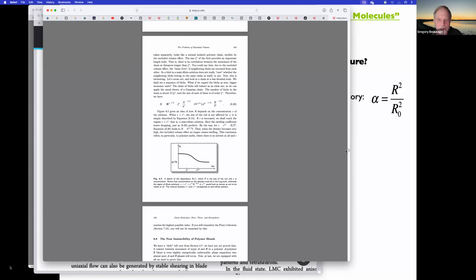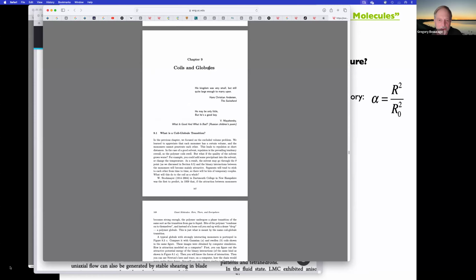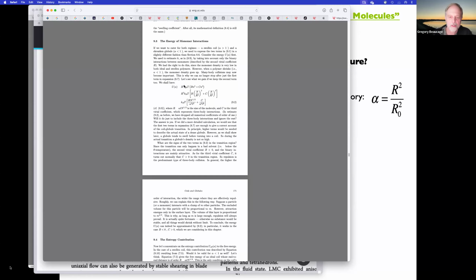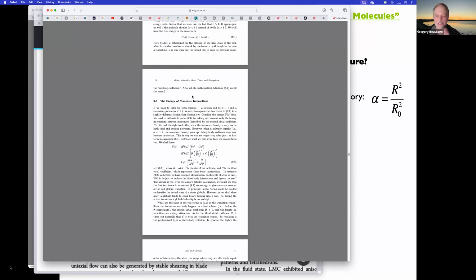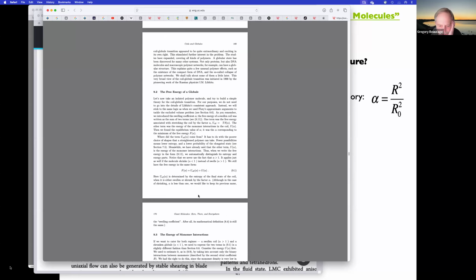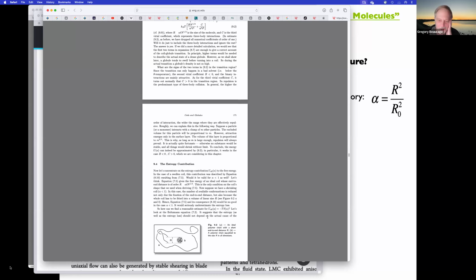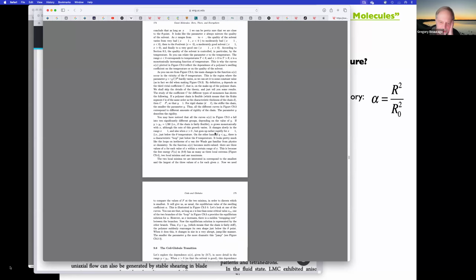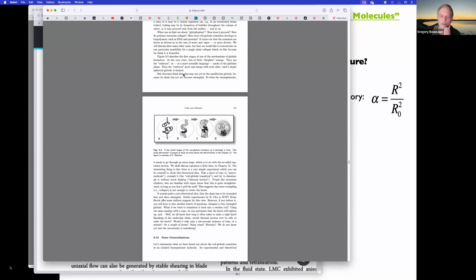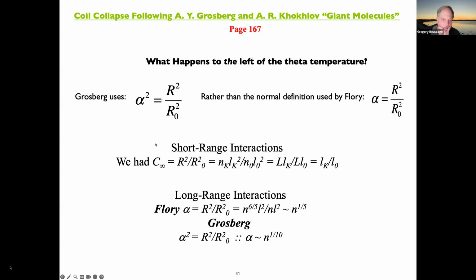So this is the coil globule transition. He goes through it. This book doesn't have the equations exactly, it's missing equal signs and pluses, so it's a little bit messed up, but basically I think you can follow it if you follow the notes. Anyway, the idea is you're going to use the same alpha for the collapse transition.